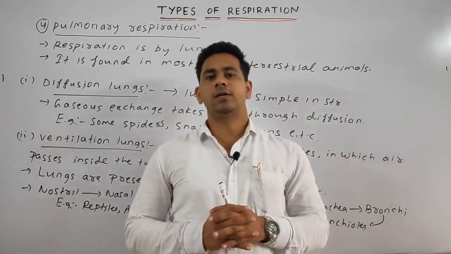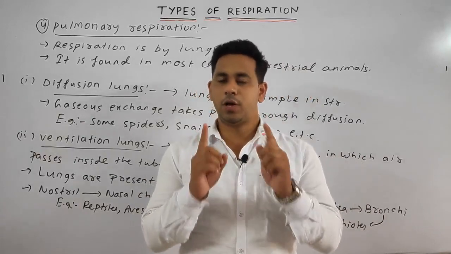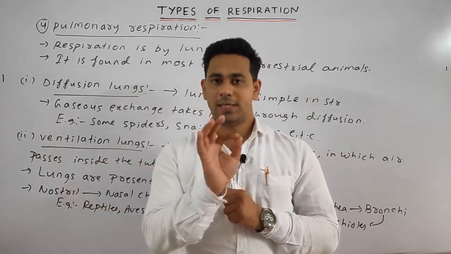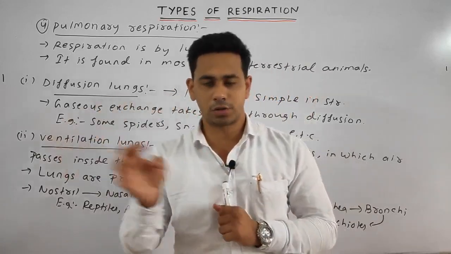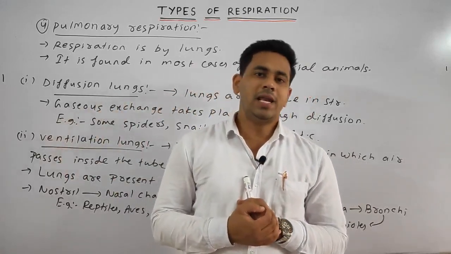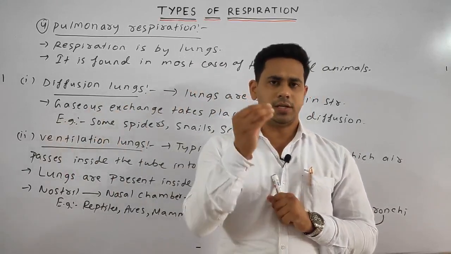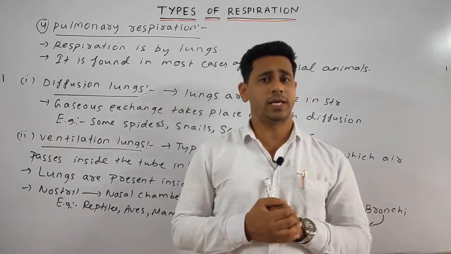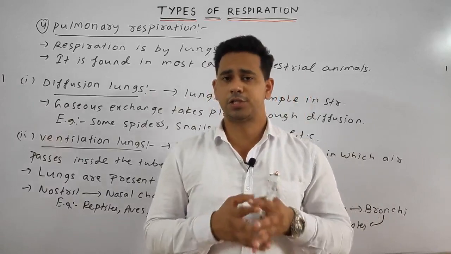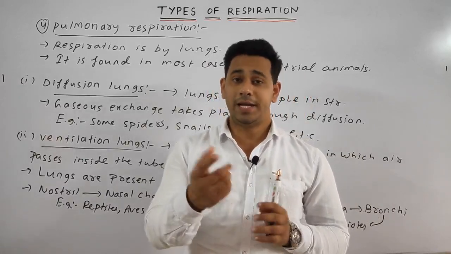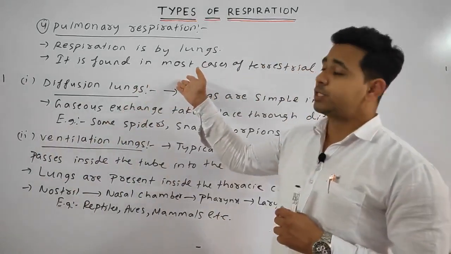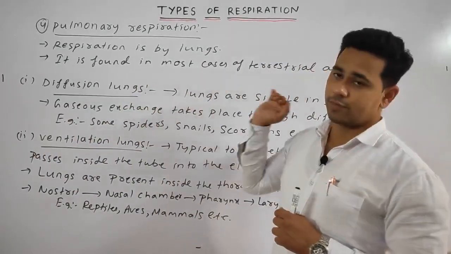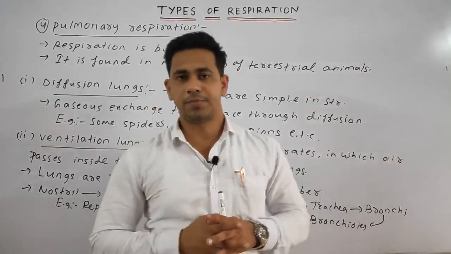In the tracheal respiration, the respiration is done by the trachea, and in the pulmonary respiration, the respiration is by lungs. Tracheal respiration is generally found in some spiders and centipedes, and pulmonary respiration is found in most cases of the terrestrial animals.